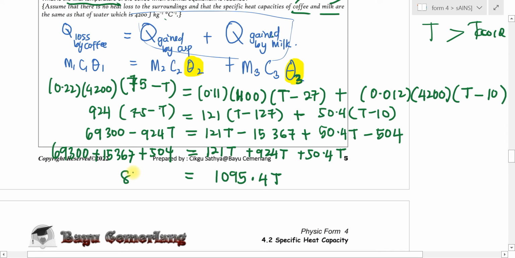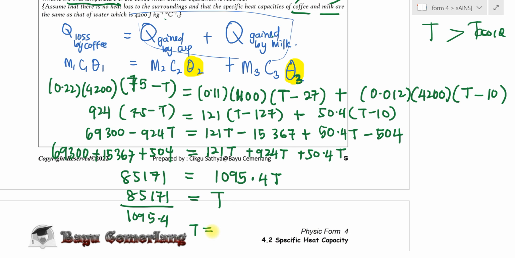So it should all be 85,171. So the T should be 85,171 divided by 1095.4. What do you get? 77.7. 77.8. 76. Eh? 76.